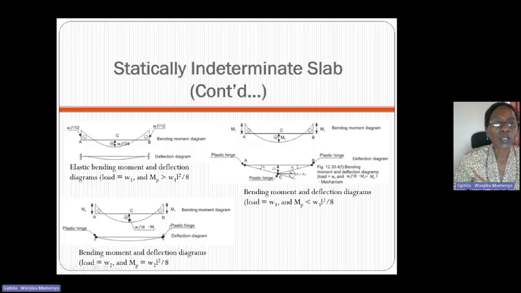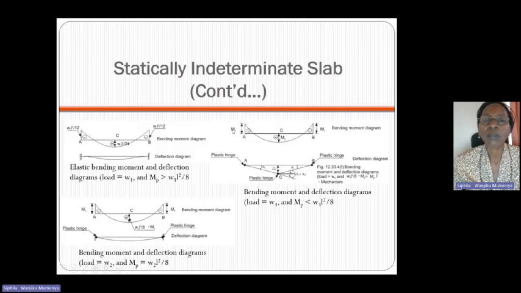This is the deflection diagram with a plastic hinge at the ends. Then the bending moment and deflection diagram are such that, at the load W2, the plastic moment MP will be equal to W L squared over 8, as shown. So MP and that load will be the same. We are assuming, of course, that the reinforcements at the support and the span are the same.